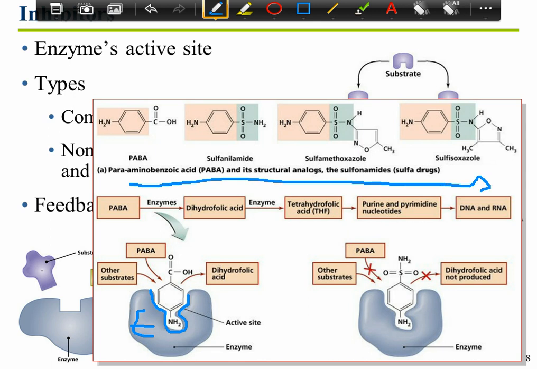It involves the substrate, para-aminobenzoic acid, which you can see part of right here. In the end, the result of this pathway is the production of a molecule called folic acid. Folic acid is needed to make RNA and DNA, as you can see here.